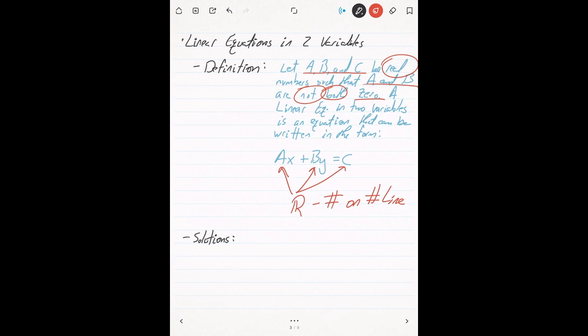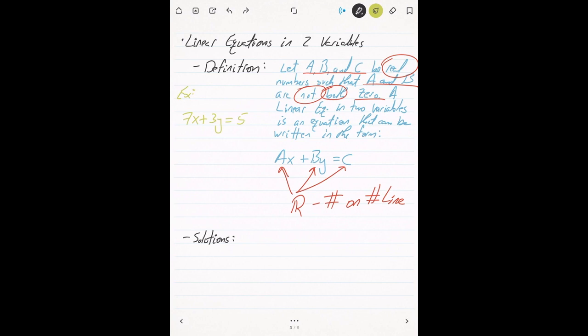So go ahead and start picking some numbers from the number line. Let's come up with some examples. Let's do 7x plus 3y is equal to 5. There's a linear equation. It's in the form here. The a is 7, the b is 3, and the c is 5. Those are all real numbers, so we're good.